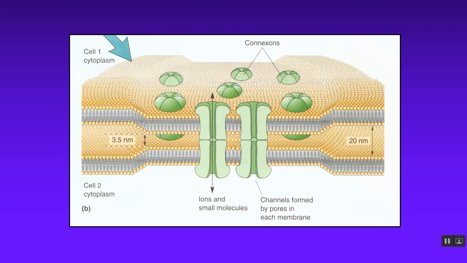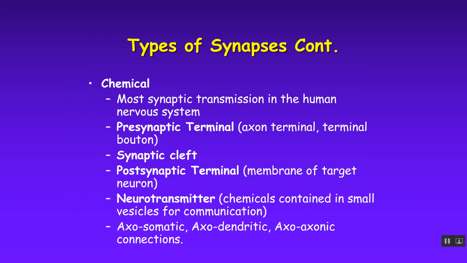Here's a picture of that really narrow point between the pre- and postsynaptic membranes, and the connexins forming open pores that allow ions, other small molecules, and even some electrical current to pass through. Any questions on electrical synapses?